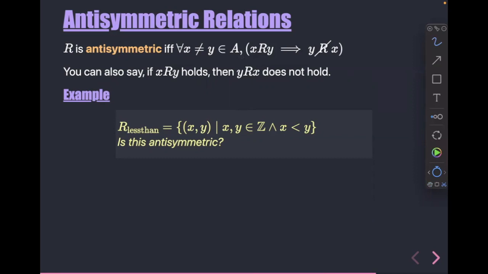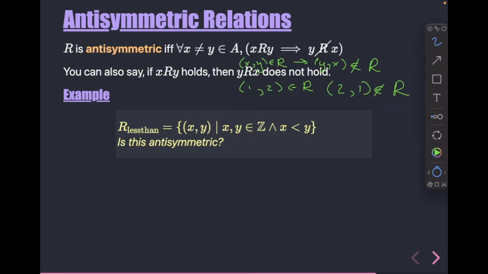Remember, this is just saying that if (x, y) is in R, that implies (y, x) is not in R, and that's always true. So if (1, 2) is in R, then (2, 1) is not going to be in R. And that's always going to be the case, right? That's the idea of anti-symmetric.